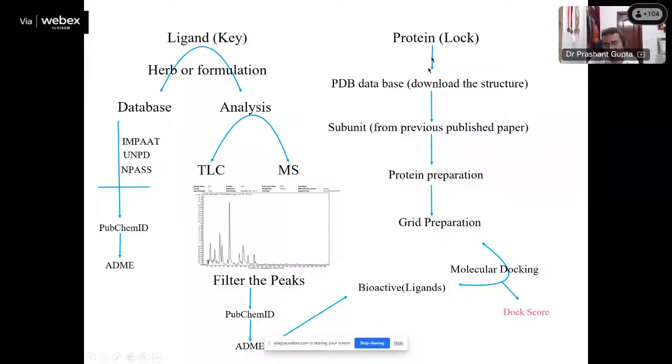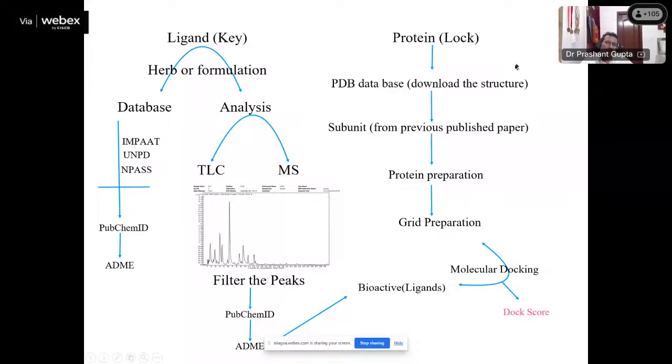How do we trace out the protein? Let's say someone says that I want to work on COVID-19. Recently we got published in monkeypox, so nowadays we know which protein is the target protein in the body for any drug for preventing or curing monkeypox or COVID-19. In the case of COVID-19, we know that ACE inhibition was prominent in those days. So we took that ACE and went into the PDB database and downloaded the structure of that protein.